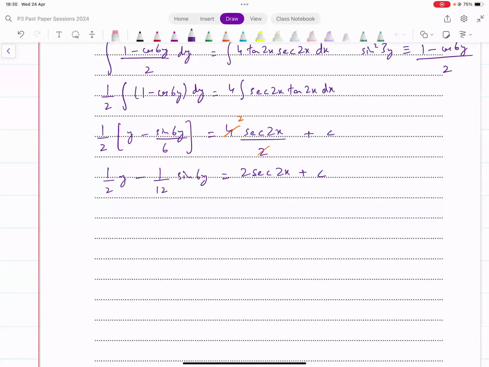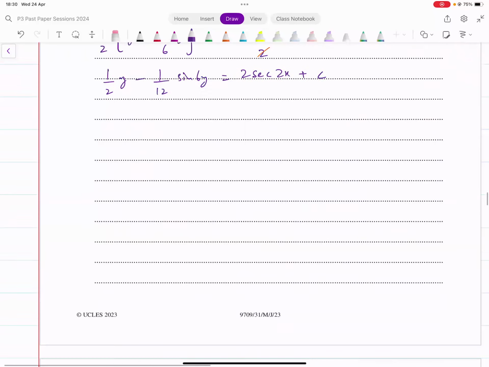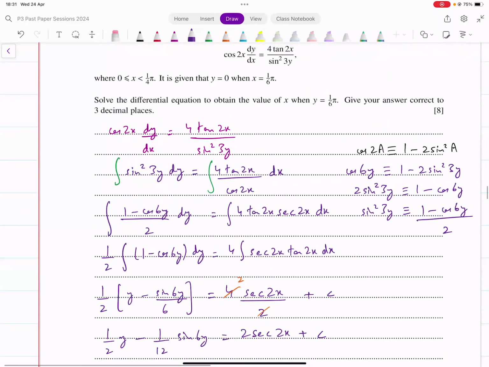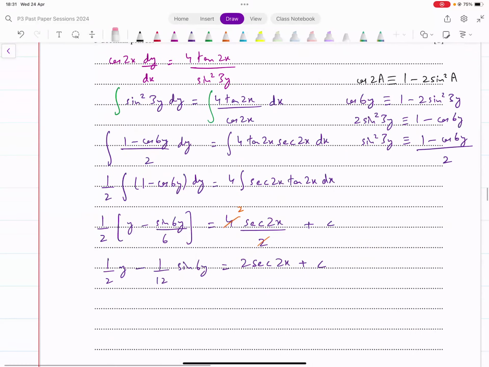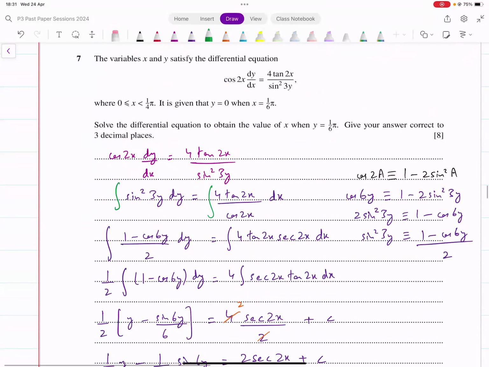And now we can find the value of c and solve this differential equation. How do you find the value of c? You've got this point given. It says y equals 0 when x equals pi over 6. Let's input this point in this equation and see what that gives us. x equals pi over 6 and y equals 0.